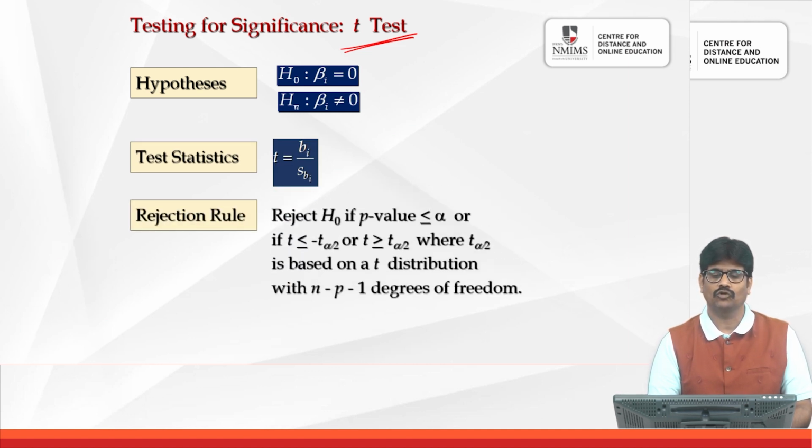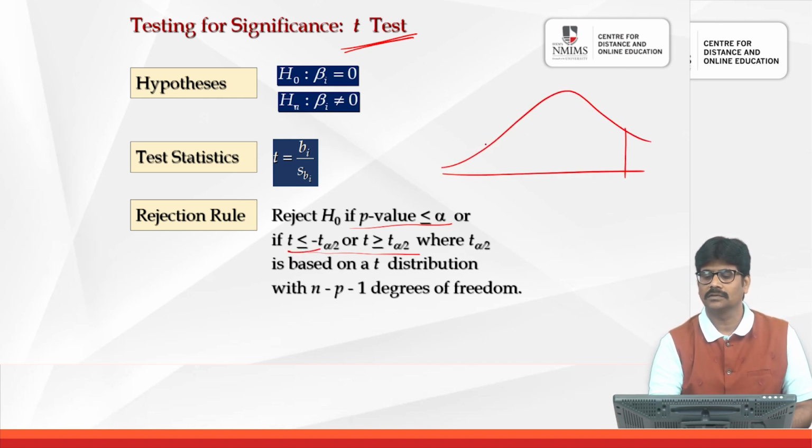So, bi, which is the coefficients that we obtain, that is the estimate of beta i divided by the standard error. The same rule applies: p value less than or equal to alpha value, reject the null hypothesis. Since it is a two tail test, the two regions come over here.